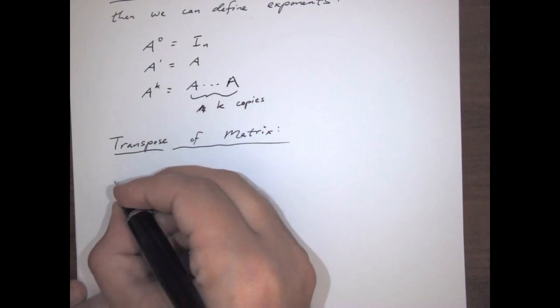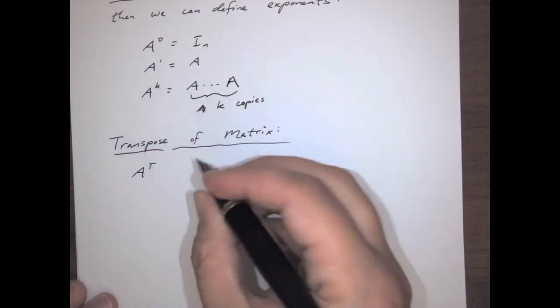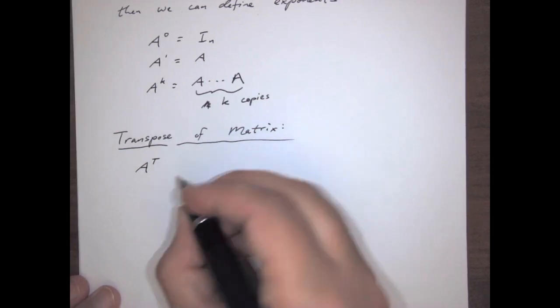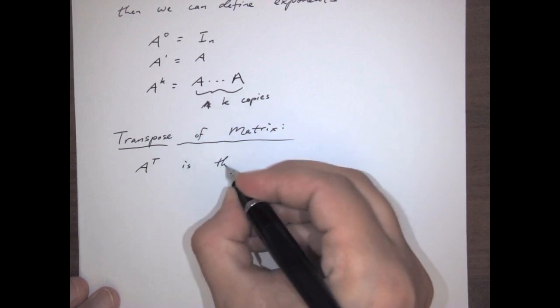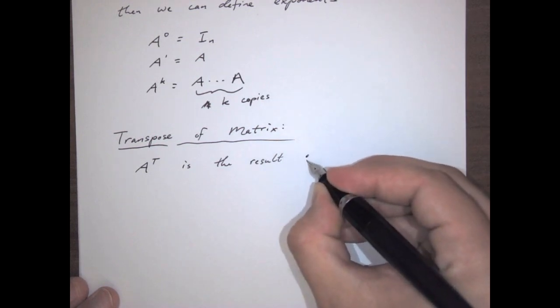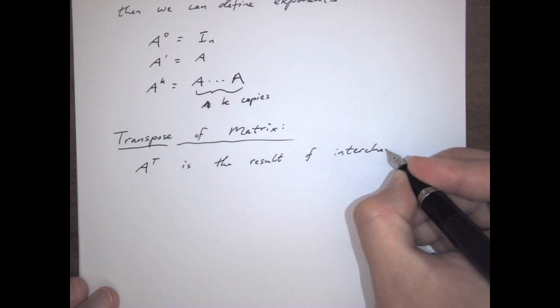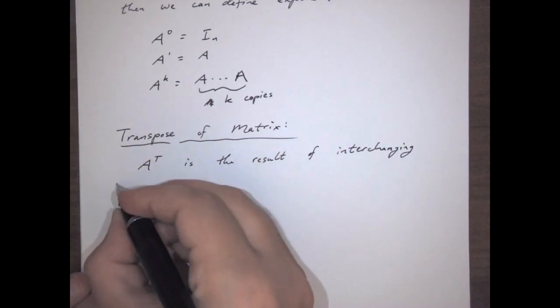So A^T, you put a little superscript capital T. This is the result of interchanging the rows and columns of A.